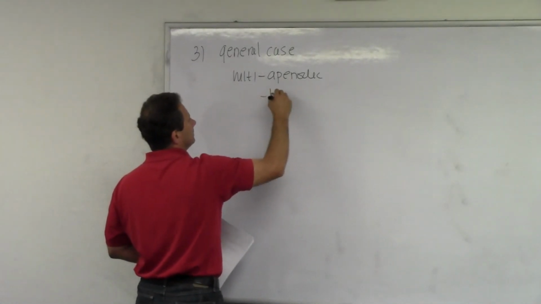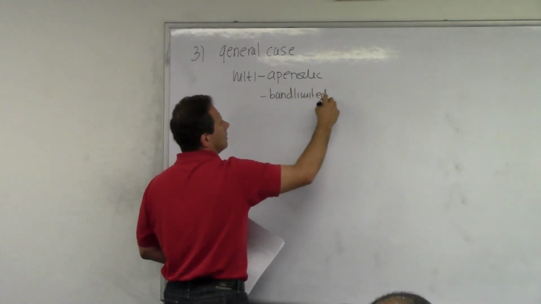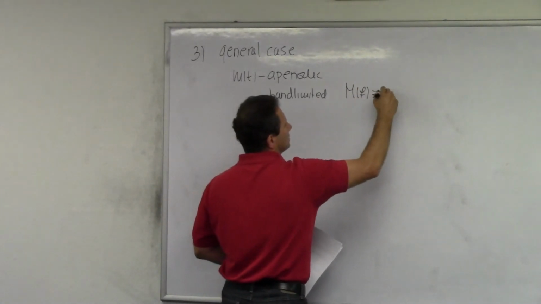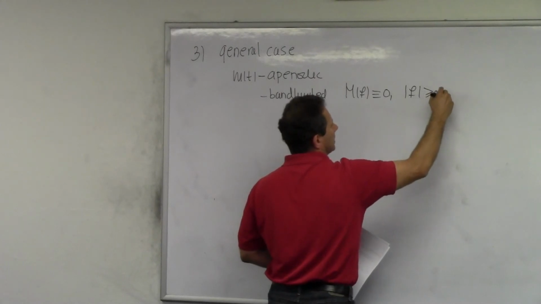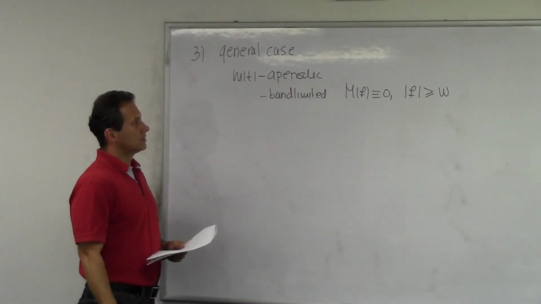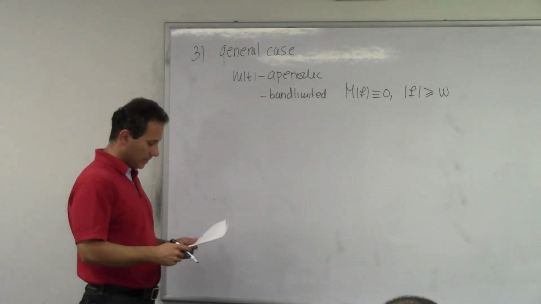Also band limited, which means that F of f is identically 0 whenever f is greater than some W, right? So outside of this bandwidth W, the signal has no frequency component.